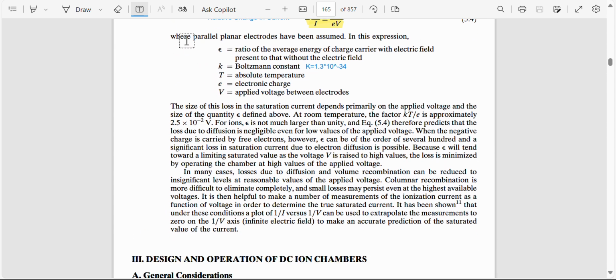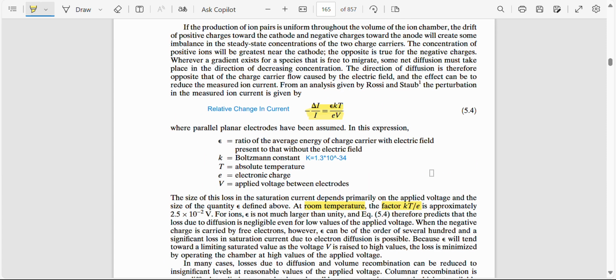First of all, there is something you have to know: at room temperature, the factor kT divided by E is approximately equal to 2.5 × 10^-2 volts. So keep this in mind.